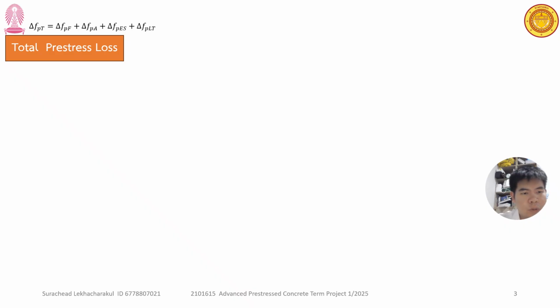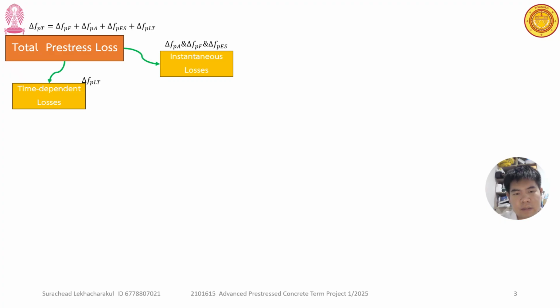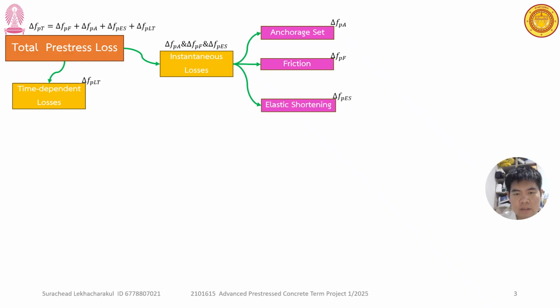Okay, for an overview, the total prestress loss includes two types. Instantaneous loss is immediate loss, and time-dependent loss is long-term loss. Instantaneous loss includes anchorage set, friction loss, and elastic shortening.